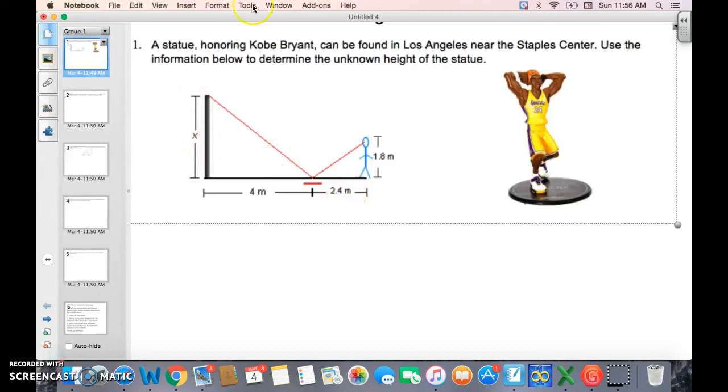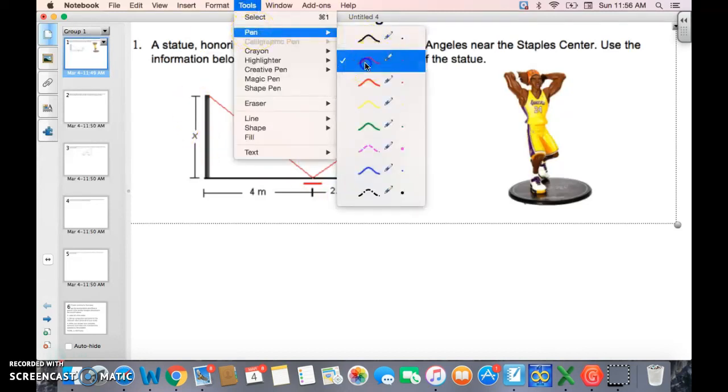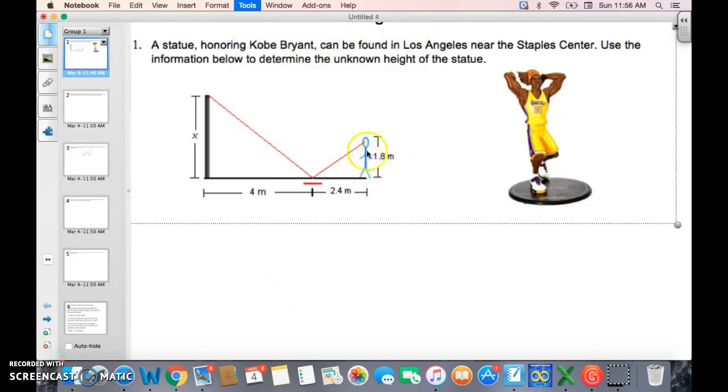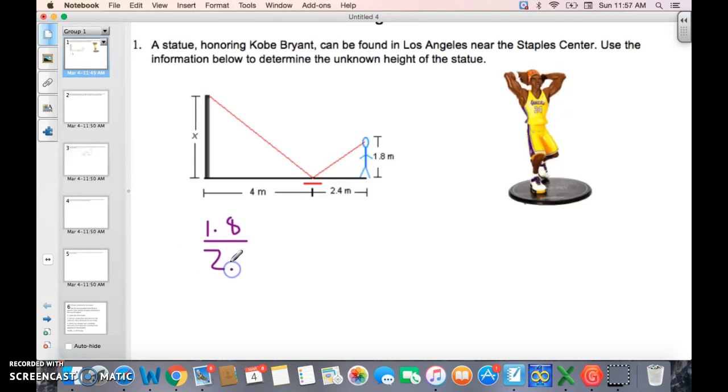And so basically I'm just going to use this information to set up a proportion. So I can see my height over the shadow, or the distance from the mirror in this case. So it's going to be 1.8 over 2.4, and then it's going to be equal to Kobe Bryant's statue's height, which is x, over 4.